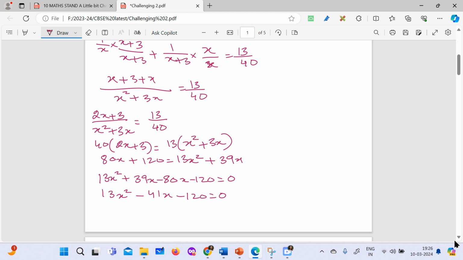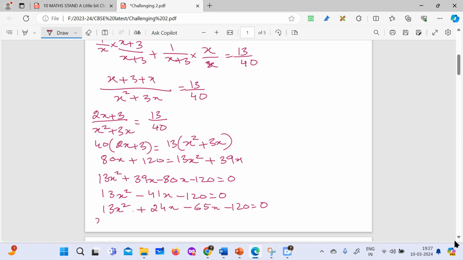Now we need to split this middle term. So we have to look for the number pair for this one. The product is 360, so the number pair here is 24x and 65x, minus 120 equals 0.